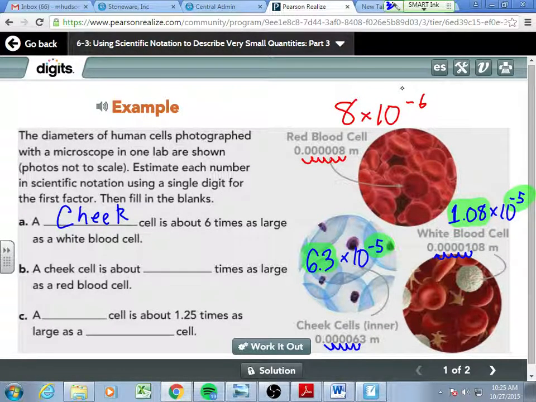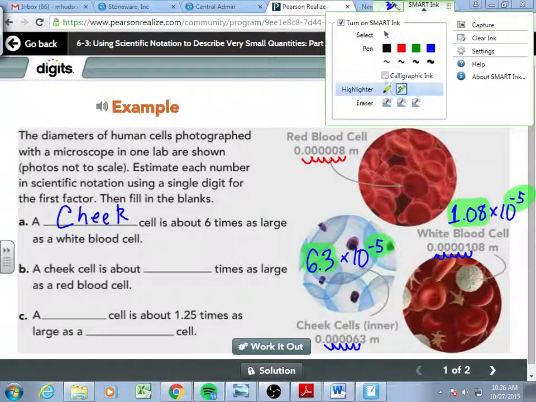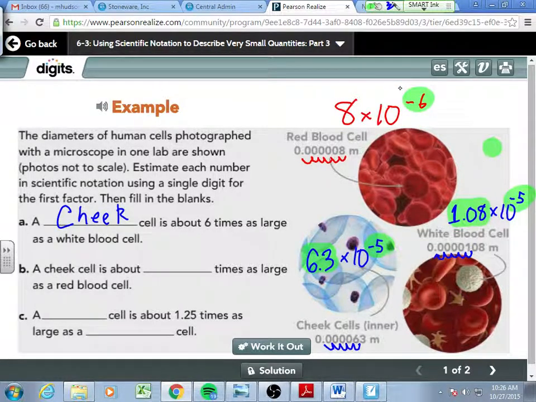B. Since the power, when we compare 10 to the negative 6, and we just talked about this, compared to 10 to the negative 5th down here, we know that gives us 10 times as big. So if I wanted to write this in the same power, and this is not proper scientific notation, if I move this decimal over 1, I'll get rid of one of my powers.